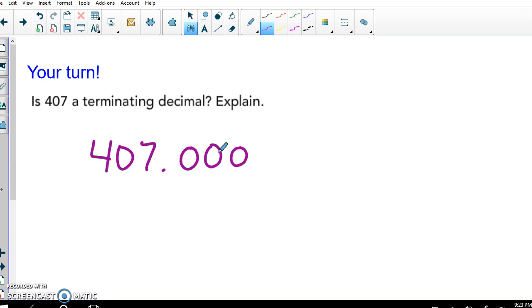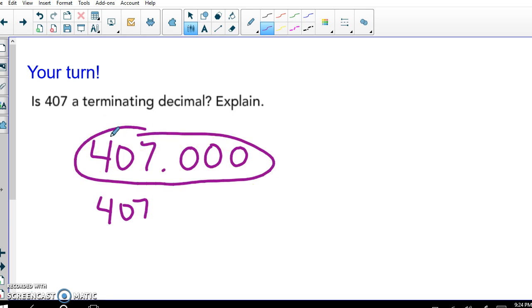But I typically don't write those because it's a little bit redundant. We understand 407 to have the same value as 407.0000. So this would be an excellent example of a terminating decimal because it ends in zeros, so it has a clear end to its non-zero digits.